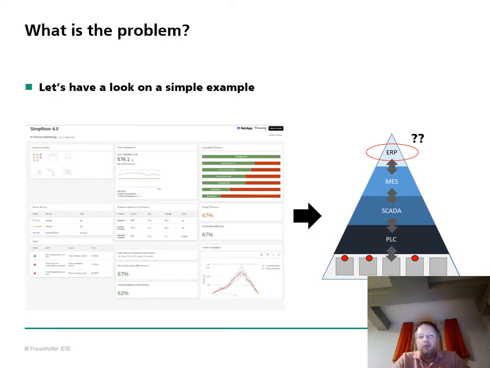Well, let's have a look at a simple example. What I've shown here is a dashboard that we did create for a demo factory that provides some data to the ERP system that also uses some data from the ERP system. And what are we doing if we create such a system today? Well, we take edge devices, we attach these edge devices to the field level or to the PLC level, and then we use different network protocols, for example, TCP/IP, to get this data and to collect it into one application.